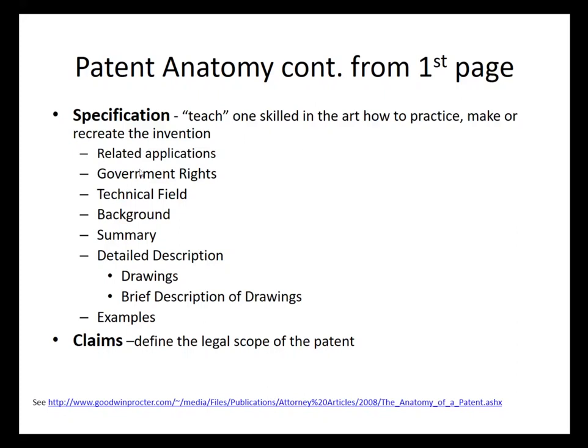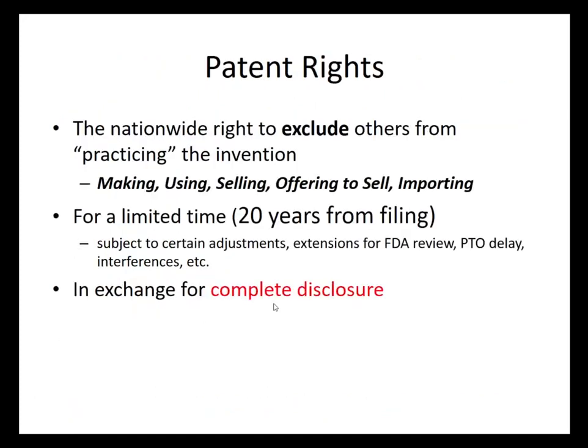And you have to give technical background and other applications, provide a summary, and you have to have a detailed description. And then finally at the end, you claim what your patent covers, the legal scope. In exchange for doing this, you are given the nationwide right to exclude others from practicing the invention.